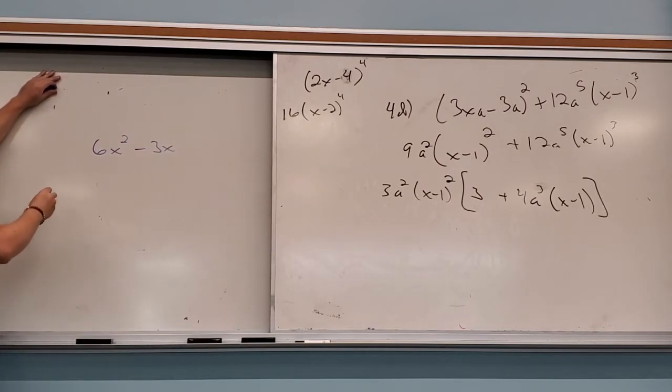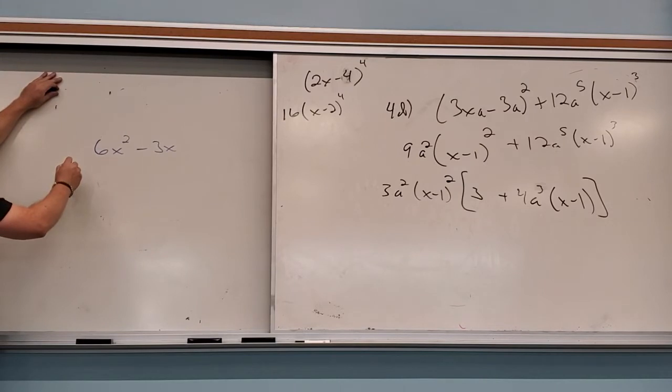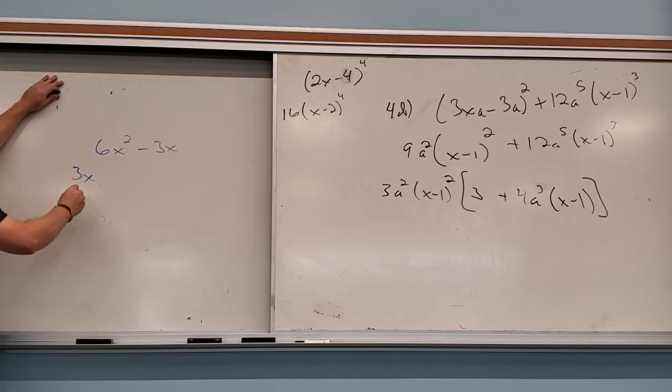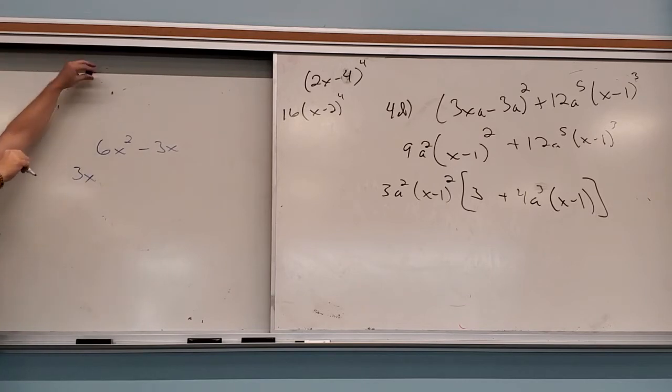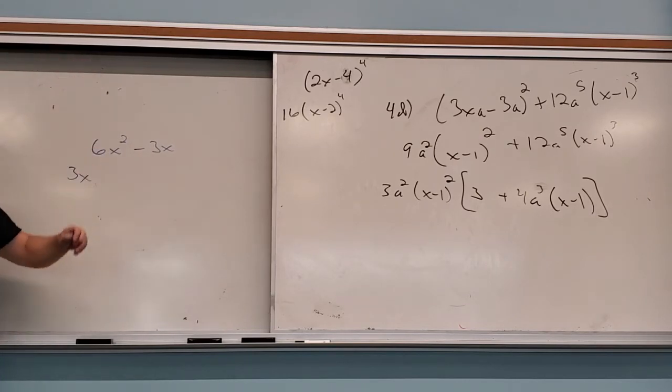Take out the 3x, so we're bracket 3x, yeah. And then the 2, right? What goes next? Be very specific. Negative 2. No. What do I draw up here next? Oh, it's a parenthesis. How'd you know where to put that?